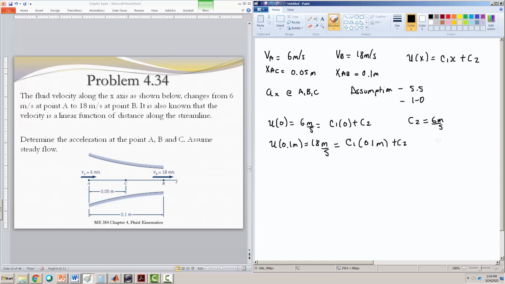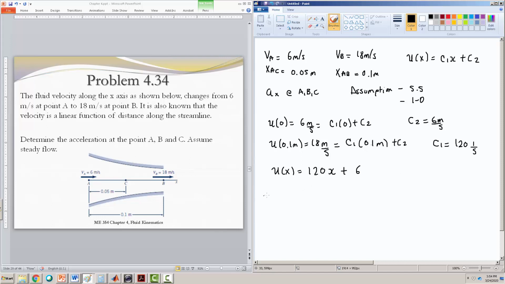We solve for c1 and find that the value of c1 is equal to 120, and the units are 1 per second. Therefore, the velocity as a function of x is simply 120x plus 6. We're just not going to carry the units, since we already have them for c1 and c2 over here.